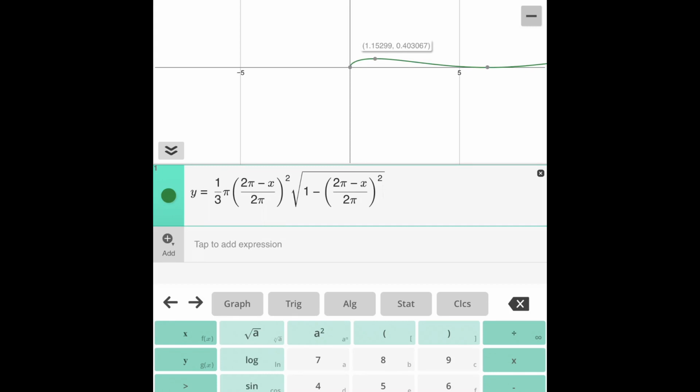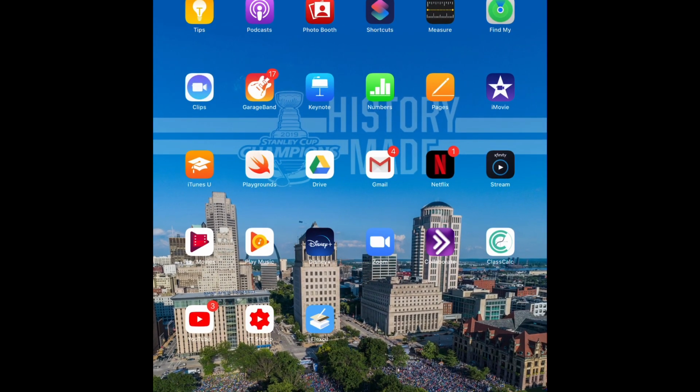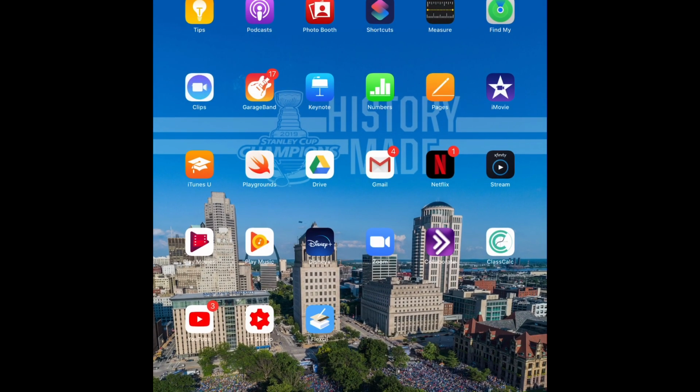Okay, so now that we've got the function and we have it graphed as shown, we can see that the ordered pair 1.15299, 0.403067 is the theta and volume.